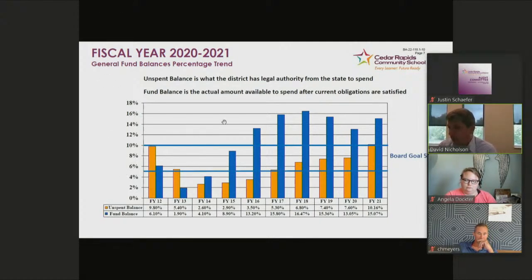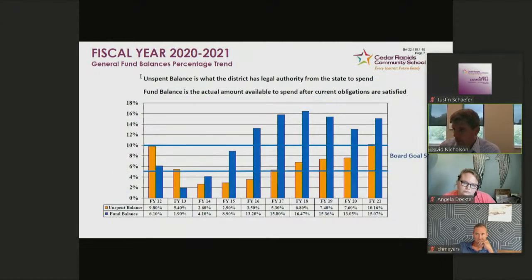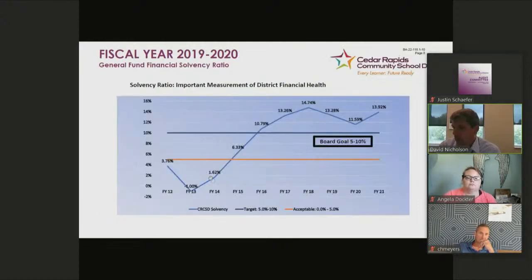And like I said, fund balance is the amount that we have on hand after all of our current obligations are satisfied. When you close your books, that's the amount that we have on hand. And this is in percentages. So our solvency ratio, you can see back in those years when our unspent balance was low, FY13, FY14, look where our solvency ratio, we were in the negatives for our solvency ratio in FY13.